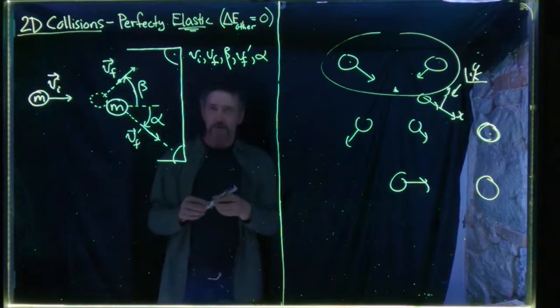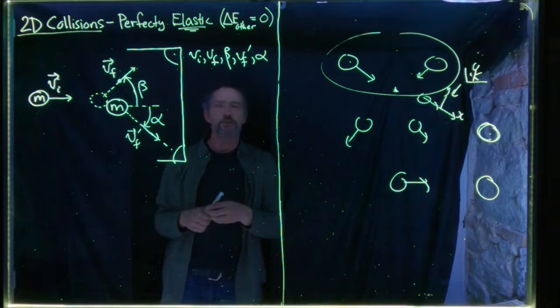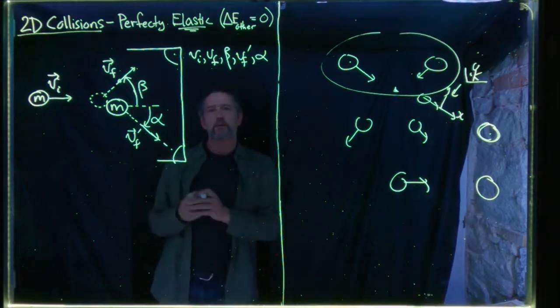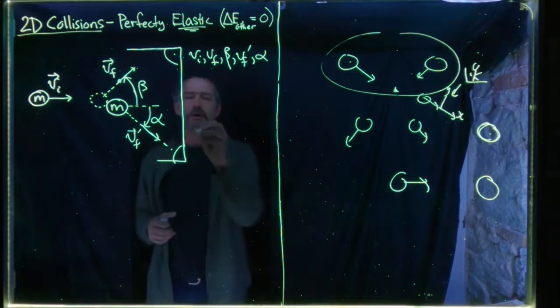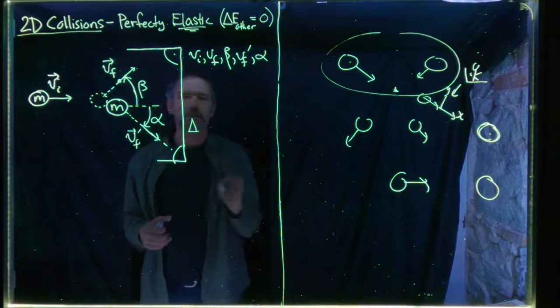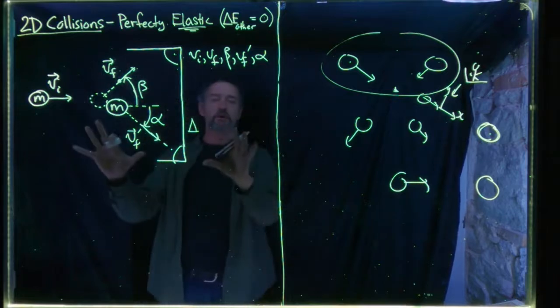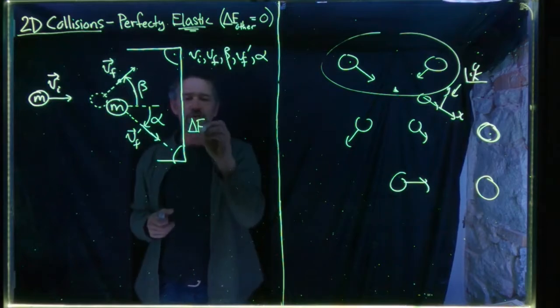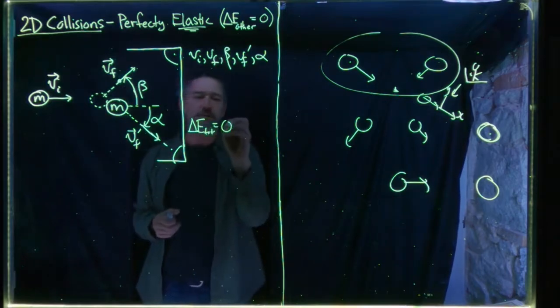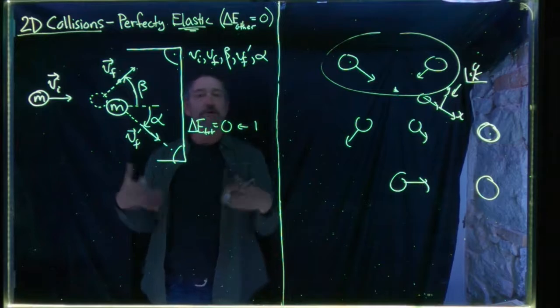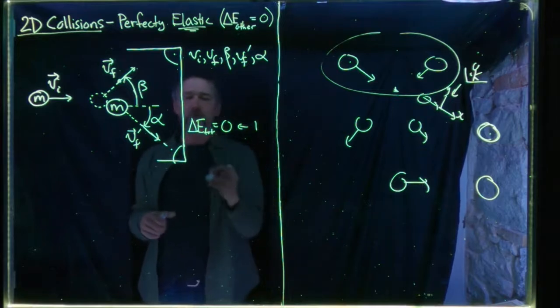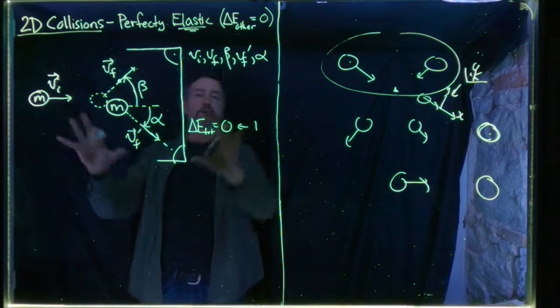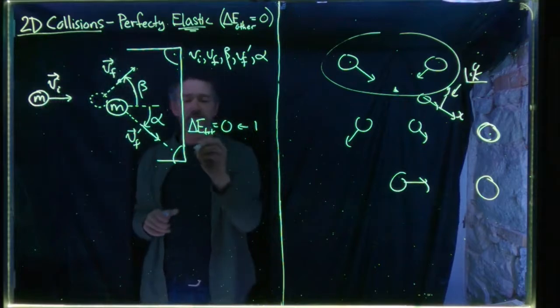And then we think about this and say, well, how many equations do we have? Well, we have 3 equations. There's conservation of energy, thought of in the context of the total energy of an isolated system doesn't change. So delta E total is equal to 0. That'll be one equation. We also have conservation of momentum, thought of in the context of the total momentum of an isolated system doesn't change.